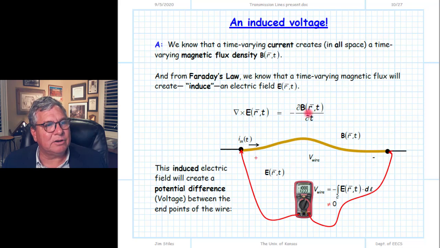The time-varying current creates a time-varying magnetic flux density, which induces a time-varying electric field, which then we can measure a voltage between 2 points, in this case 2 points at one end of the wire and the other. We have an induced voltage.